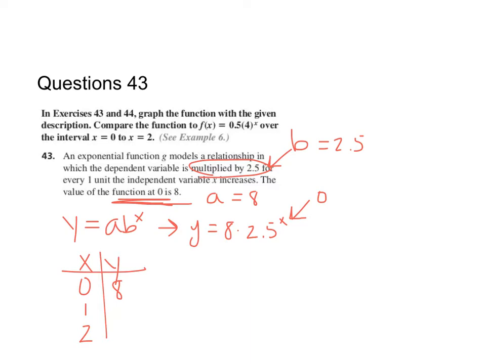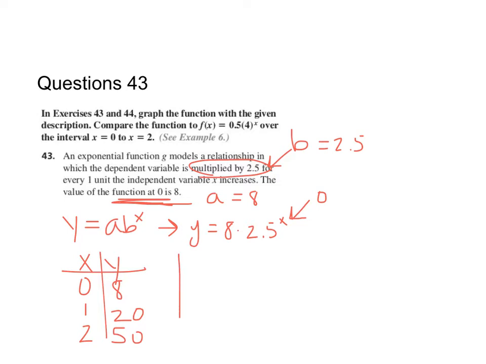So if I do that on my calculator, let's see here. 8 times 2.5 gives me 20, and then times 2.5 gives me 50.